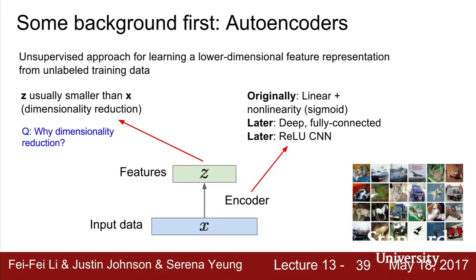Why do we want z to be smaller than x? The answer I heard is z should represent the most important features in x, and that's correct. So we want z to be able to learn features that can capture meaningful factors of variation in the data, right? This makes them good features.